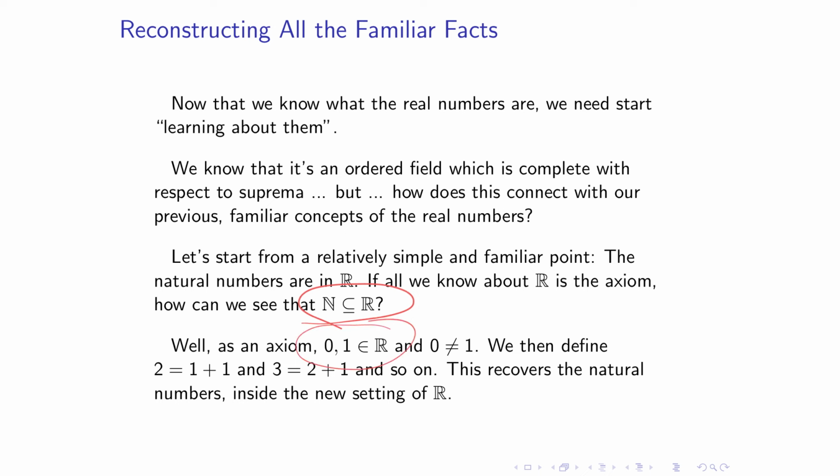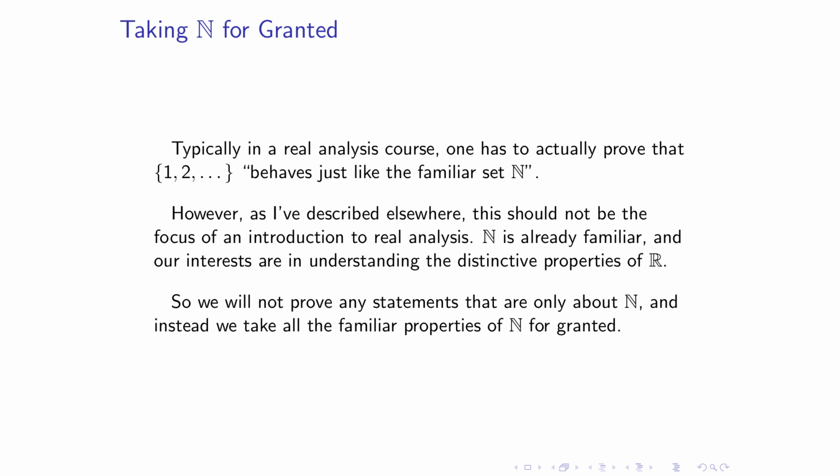Well, we know by an axiom that 0 and 1 are both real numbers and they are not equal. And so with that, we could define the number 2 and the number 3 and so on, recovering the notion of natural numbers as a subset of the reals.